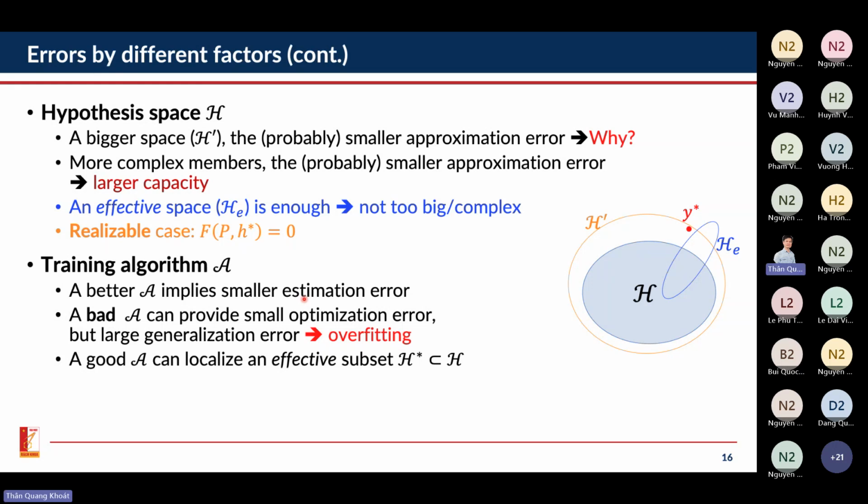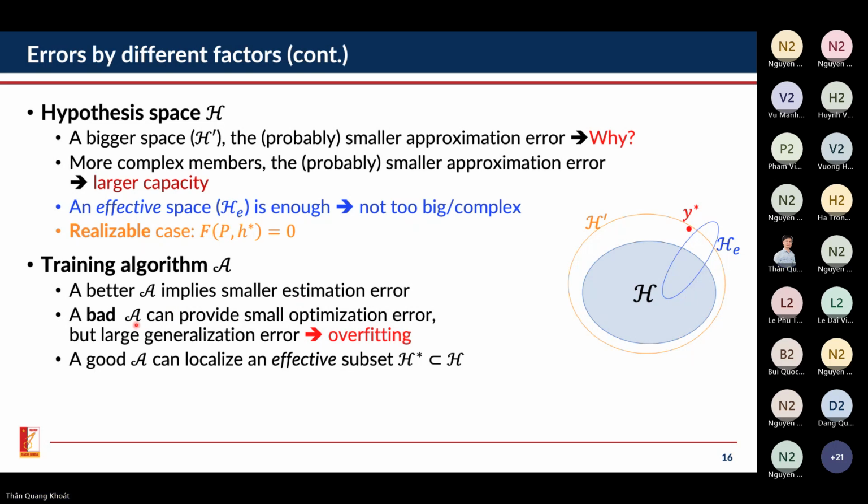But if you choose a very bad learner, then it can produce a very bad model, and in that case the estimation error can be high, even though the training error can sometimes be small but the test error is still very high. In that case, the trained model can be overfitted.